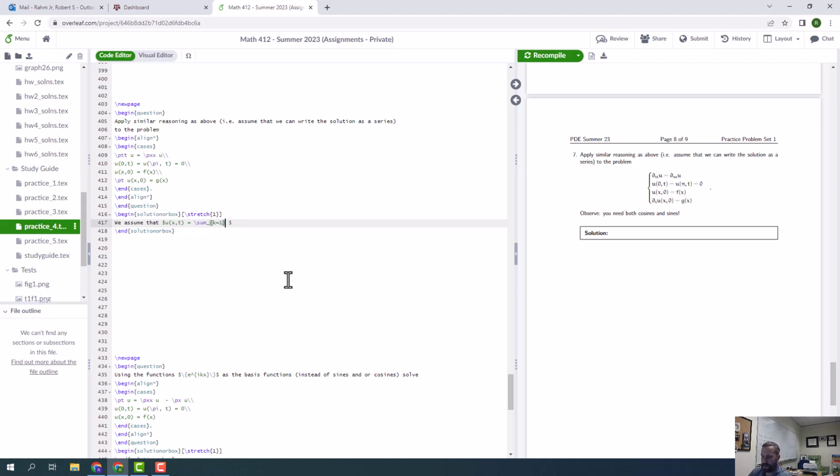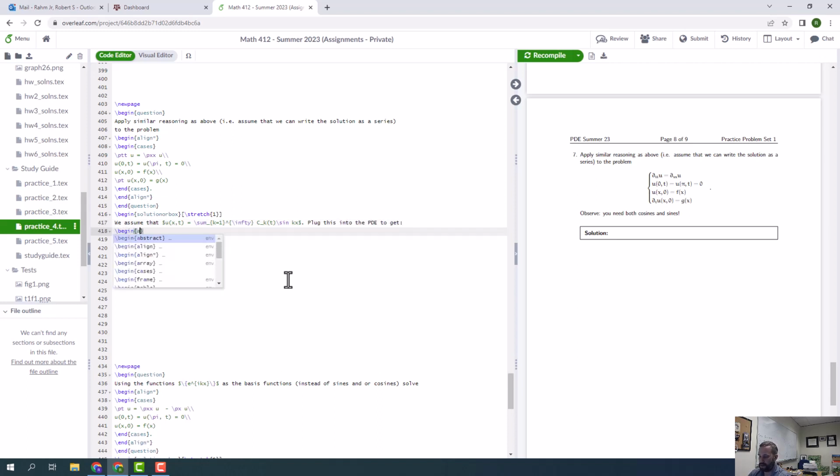Sorry, you get to see game time decisions here. And I'm just going to call it for now c_k of t, lowercase k, c_k of t sine kx. Okay, and we're going to plug this into the PDE. This is very similar to what we have above.